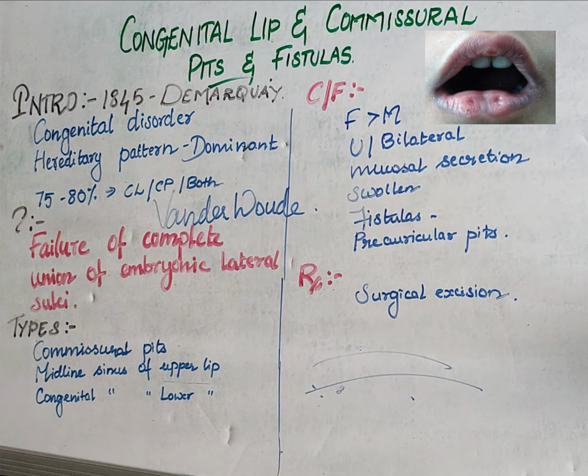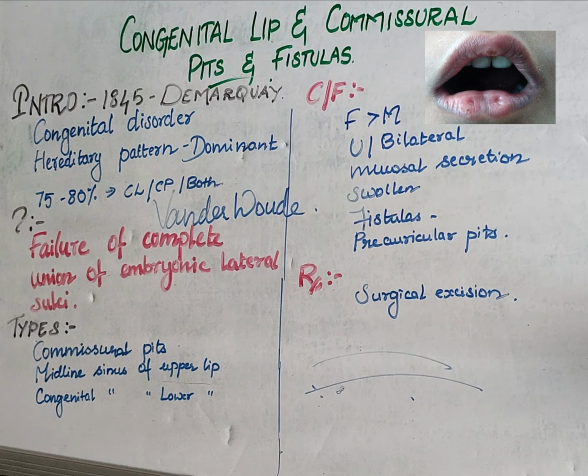Next, coming to the pathogenesis. What is occurring is there is some defect during development where there is no proper fusion. In normal development, around 5 to 6 weeks, the lateral sulcus of your lower lip and your maxillary arch will fuse, and also the maxillary and nasal processes fuse around 6 weeks.